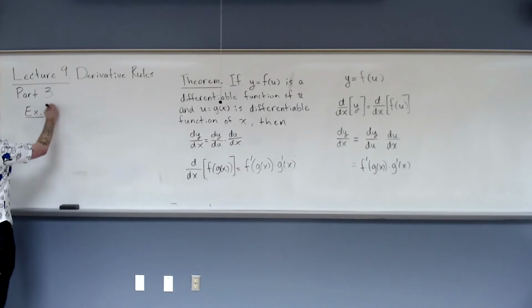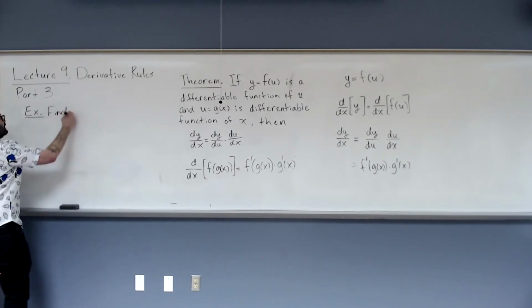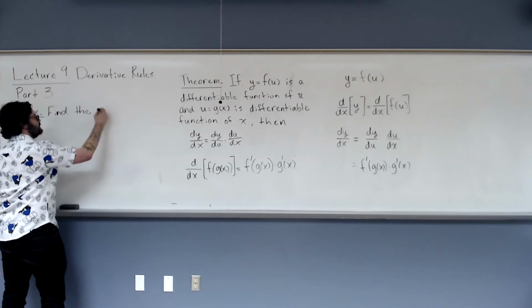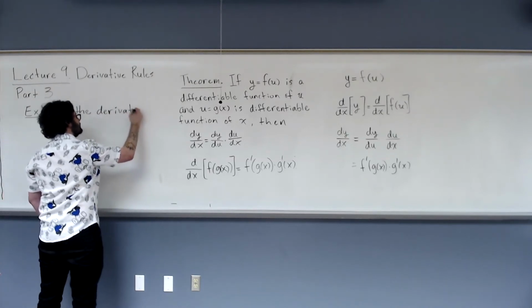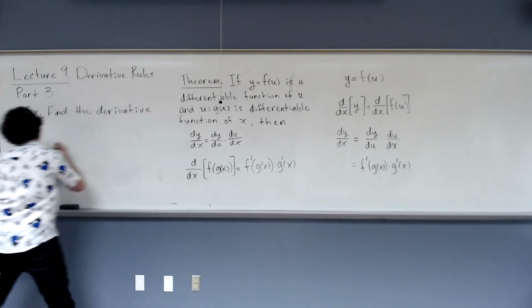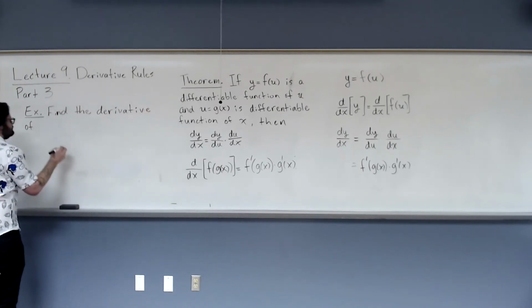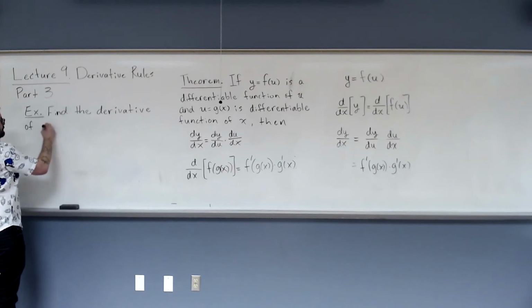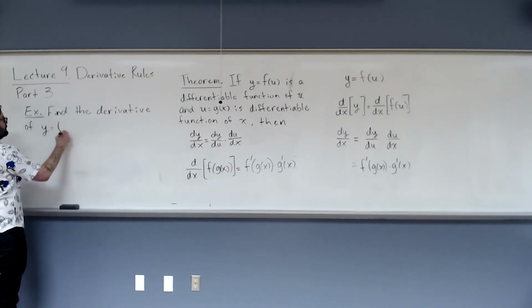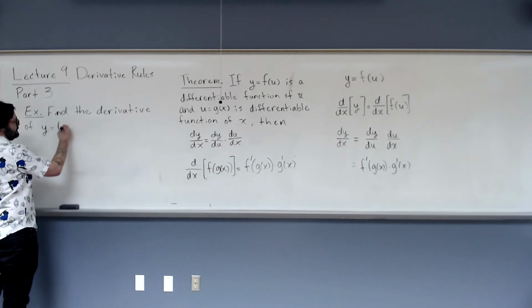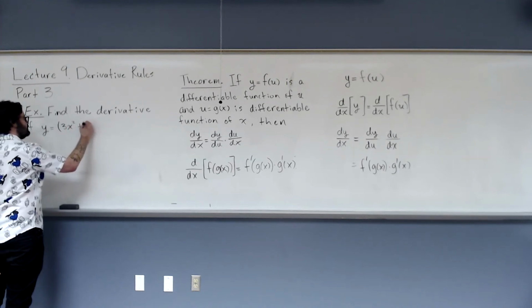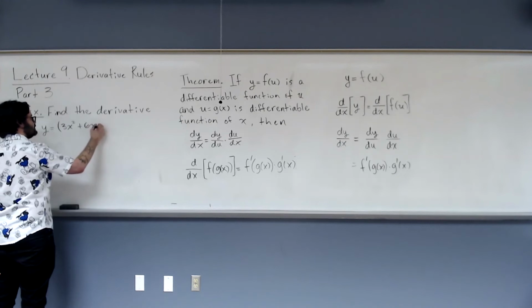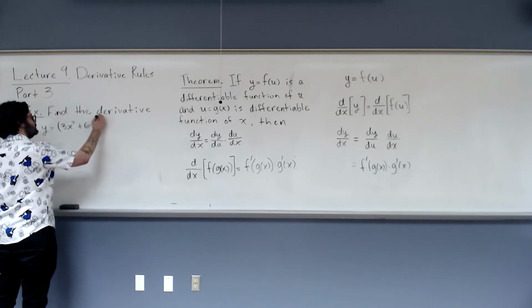We want to find the derivative of, let's just say, 3x squared plus 6x, all cubed.